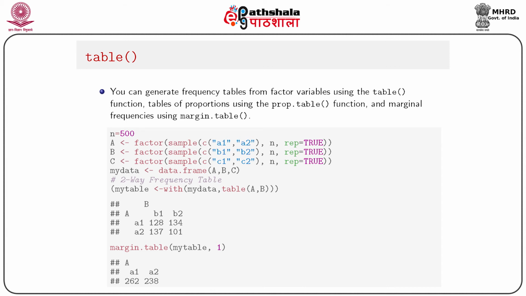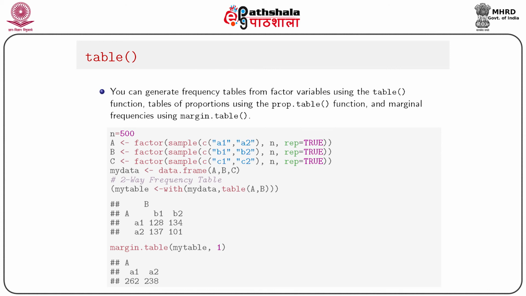Here, say n equals 500, and I generated a data set, my data with A, B and C in this manner, and then you get my data as a data frame with A, B, C. So there are 3 variables. Now I can create mytable as table of A and B, and that will be displayed like this.